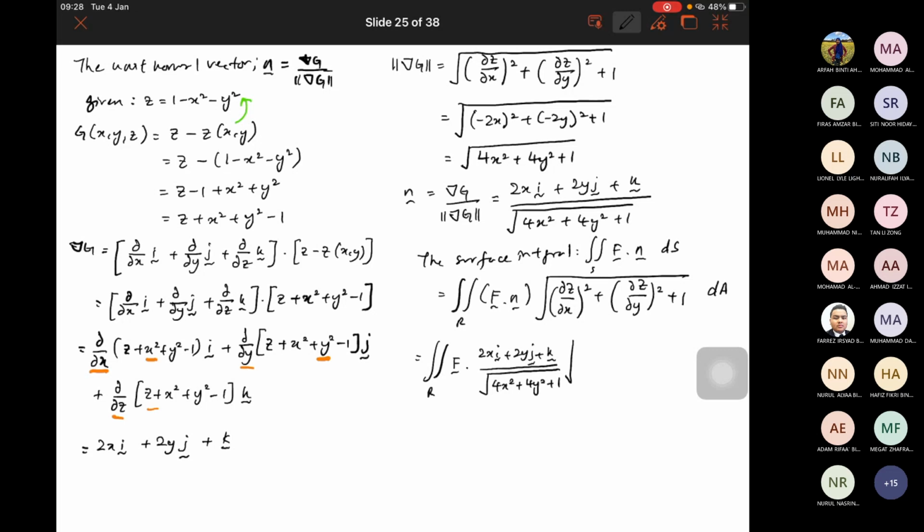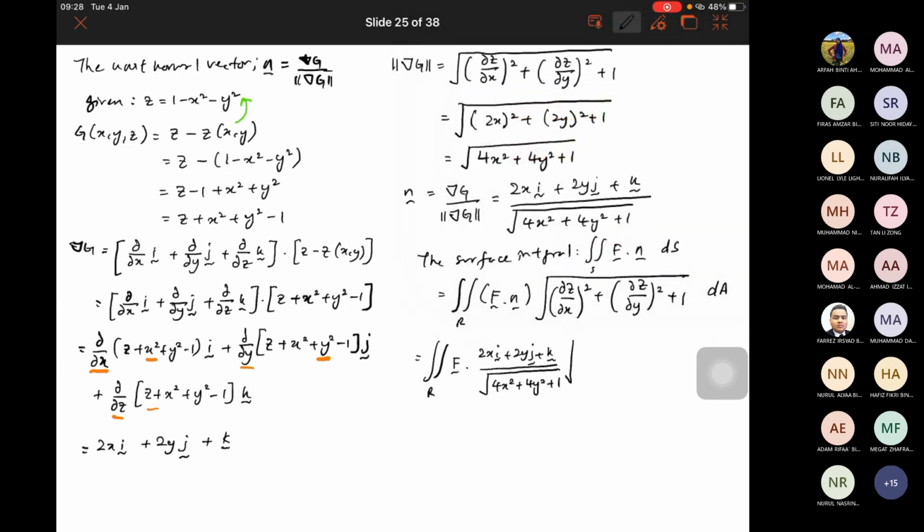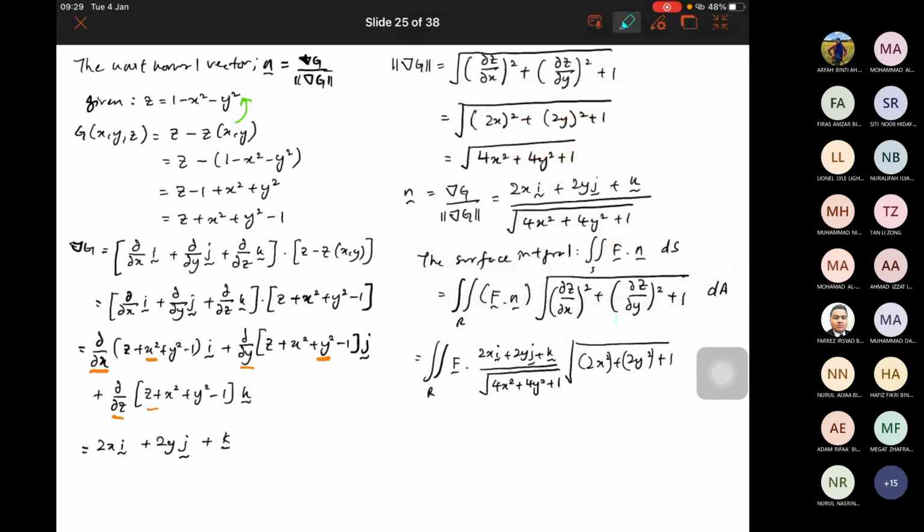Kita dapat 2x and 2y, this is no negative, it's a positive 2x and 2y. So set bagi 2x squared plus 2y squared plus 1.